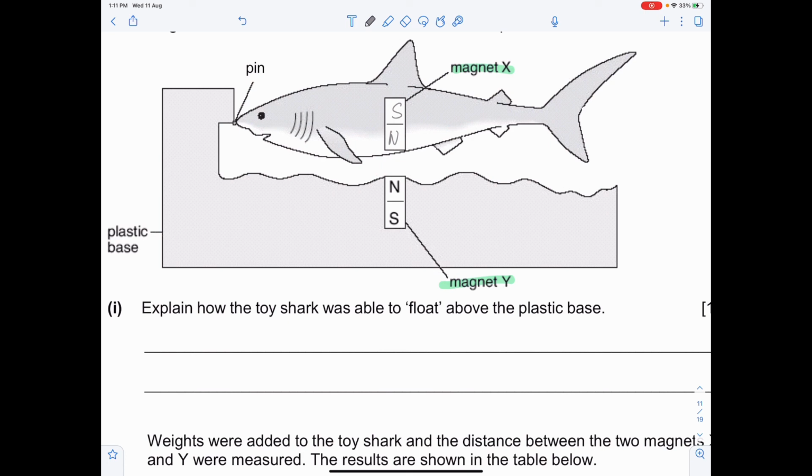In this case, the answer is very straightforward. Make sure you mention, very importantly, the like poles of both magnets were facing each other.